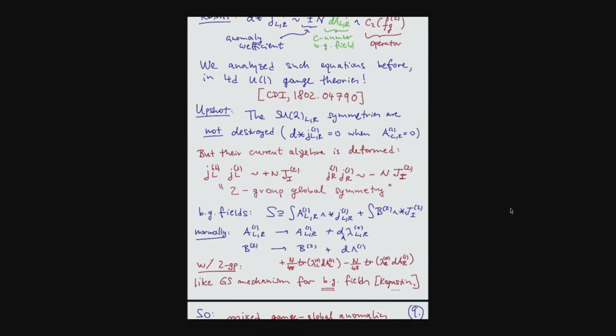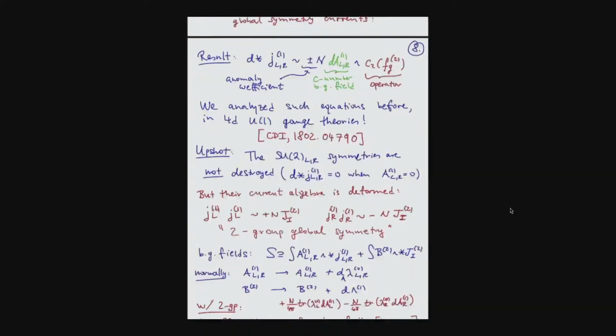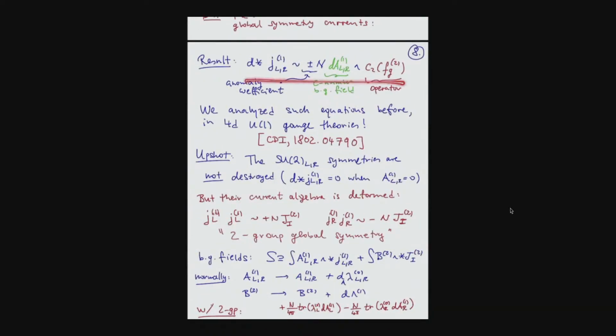But I'm going to give you the main feature of the OPE, which is roughly speaking the fusion rule. So what you learn from this equation is that two J left currents, which are ordinary one-form currents, can fuse into this operator.